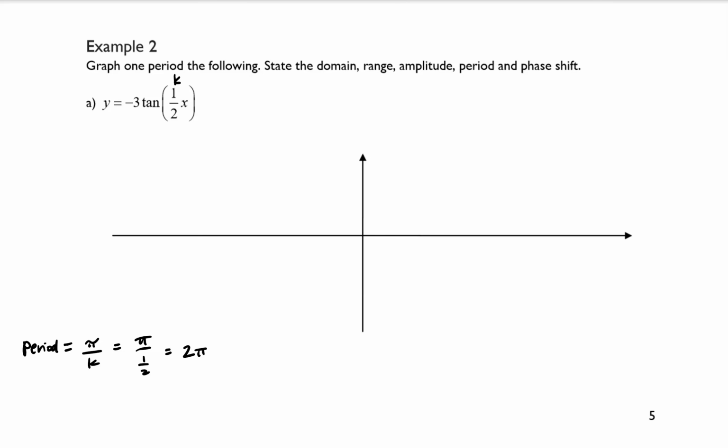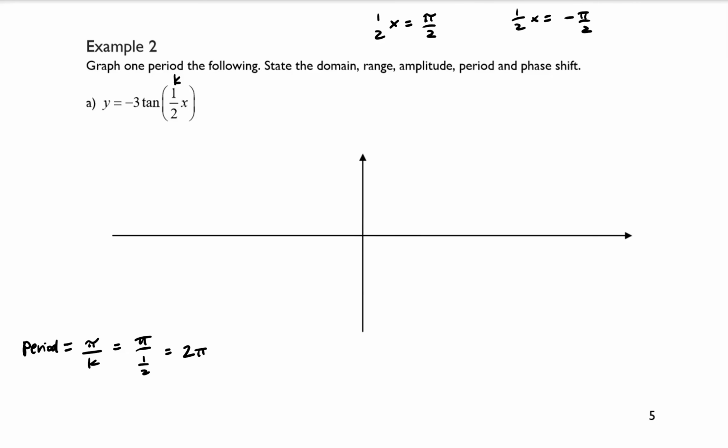And let's talk about how we are going to figure out what our asymptotes are. So you have 1/2 x, and you set that equal to pi over 2. And then you can also do 1/2 x and set that equal to negative pi over 2. And when you solve this for x, this will give you your two vertical asymptotes that are adjacent to each other.